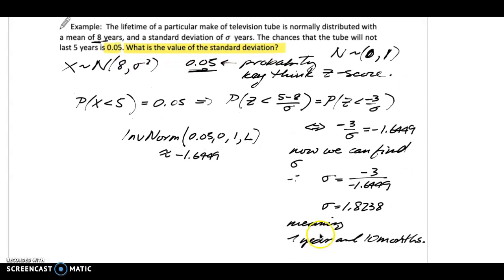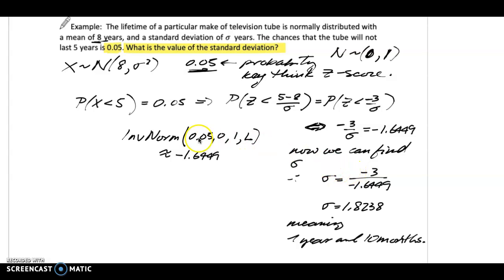That's the sort of thing where there is an equivalence, where we can say the probability of this is equivalent to saying the inverse norm of this: minus 3 over sigma is equal to that minus 1 point whatever.